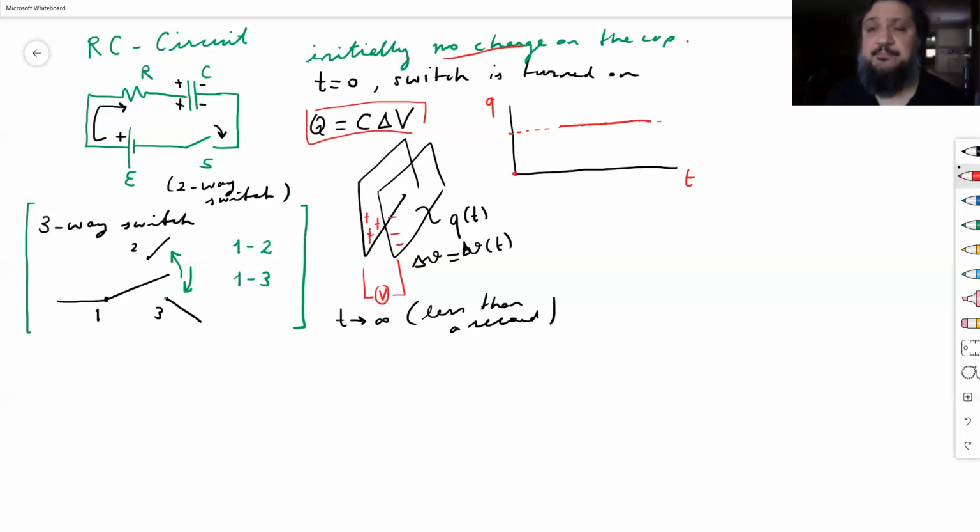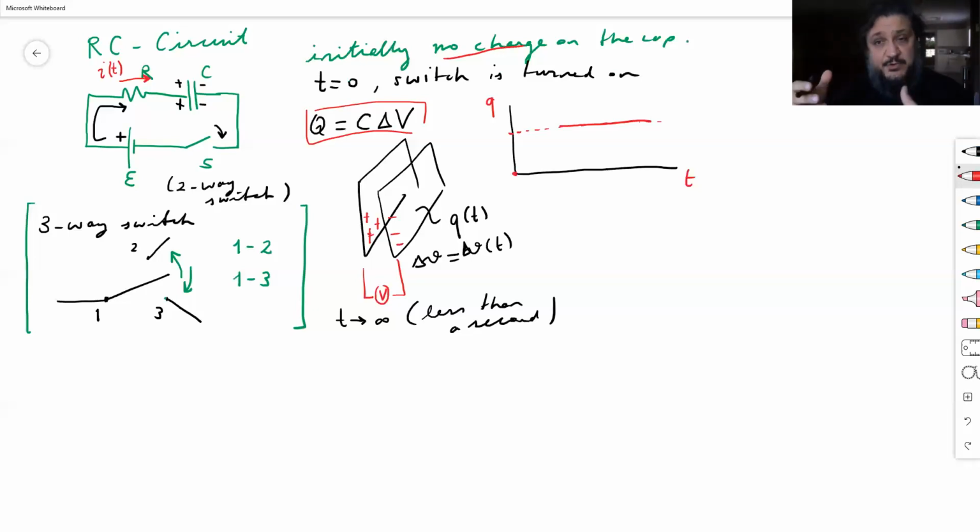When the capacitor is full, there's no more current. If there's no more current, which would normally flow, the charge flow is through R normally. I'm going to call it I, which is also a function of time, at least in that time frame.